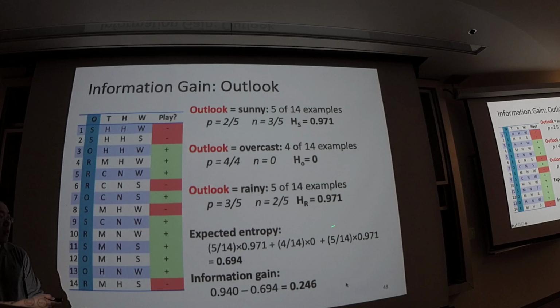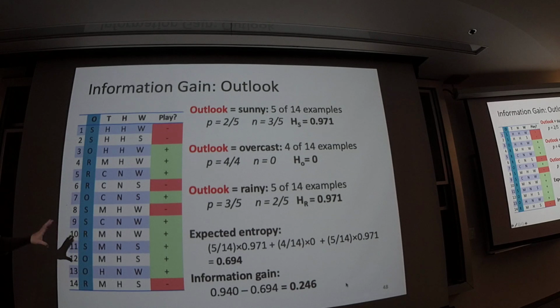The third one also takes 5 examples, so the weight is 5 over 14, multiplied by its entropy. So we get the expected entropy to be 0.694. Finally, we subtract the expected entropy from the entropy of the entire data set, and you end up with the information gain, which is 0.246.